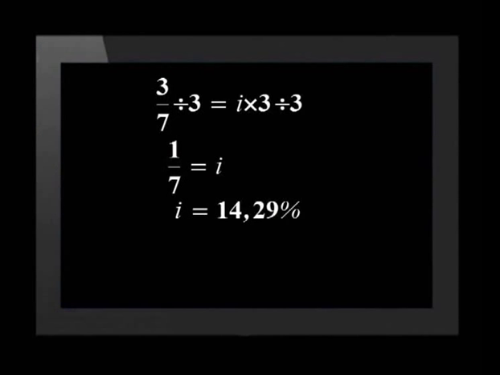If we round this off to 2 decimal places, we find that his interest rate is 14.29%. We have now used the simple interest formula to calculate the values for A, P, and I.